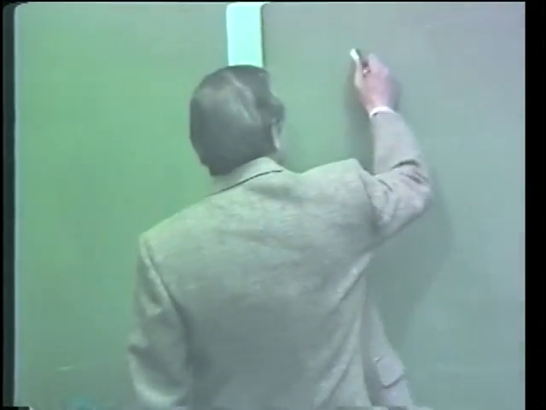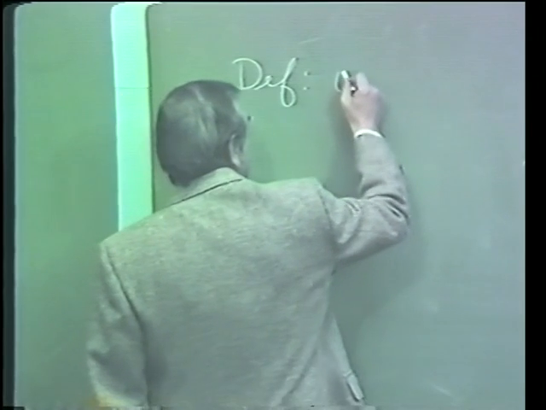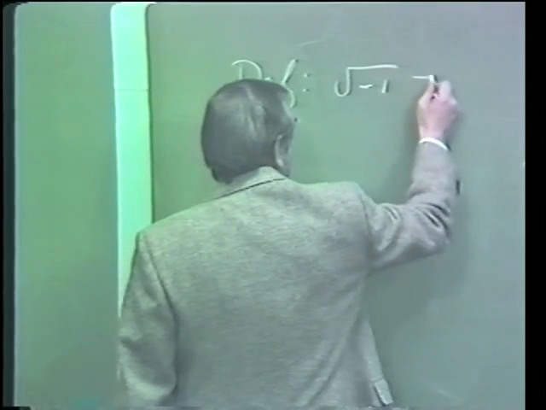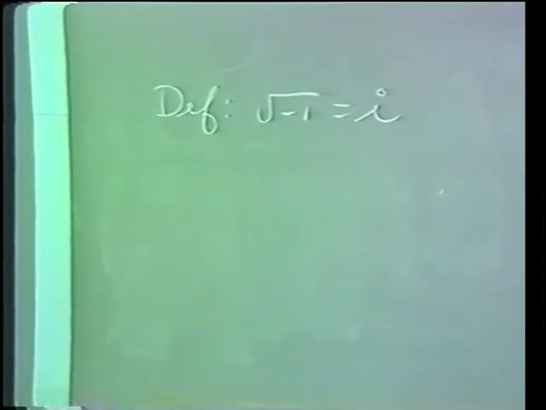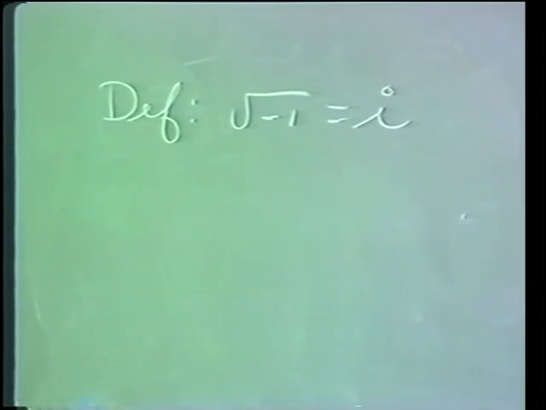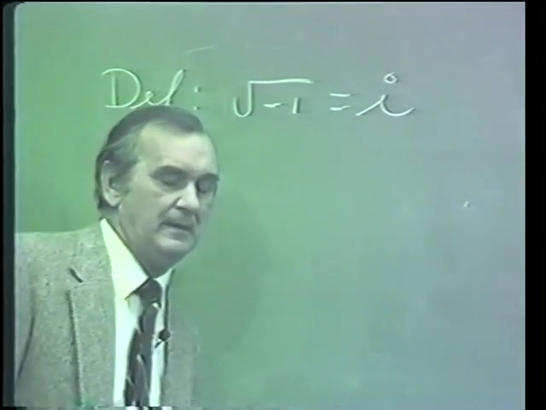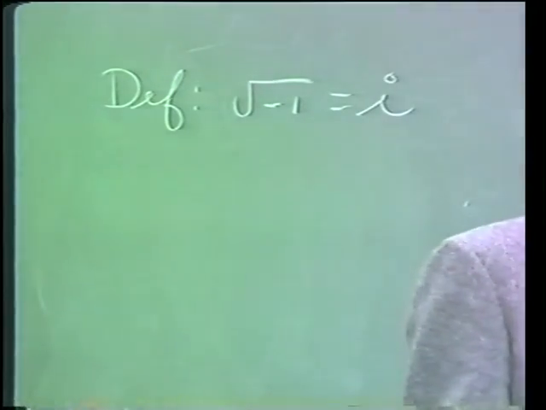So I'm going to hit you with a definition. The square root of negative 1 is equal to i. And the reason we use i is because all the numbers we have up until this time are called real numbers.